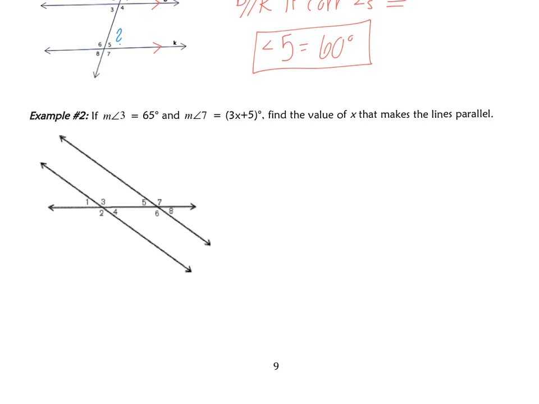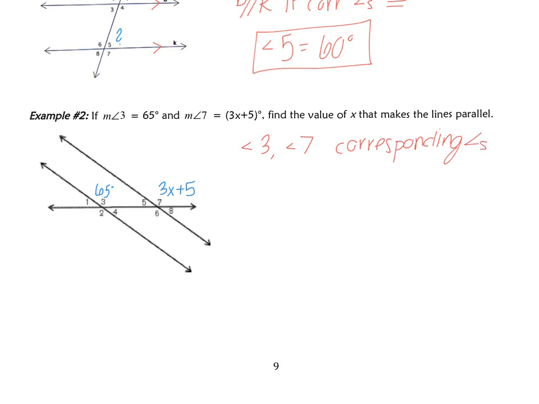Next example. If angle 3 is 65 degrees and the measure of angle 7 is 3x plus 5, find the value of x that makes the lines parallel. Okay, let's first see how these 2 angles relate. Angle 3 and angle 7, do you see how they're both above and to the right? So those are also corresponding angles.